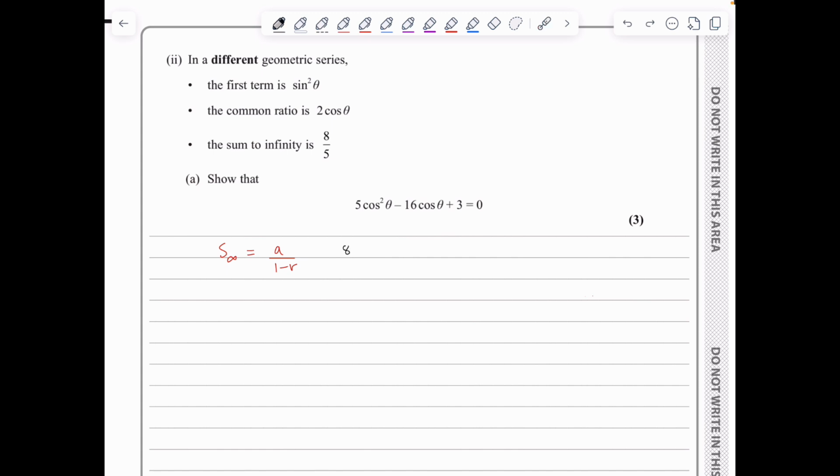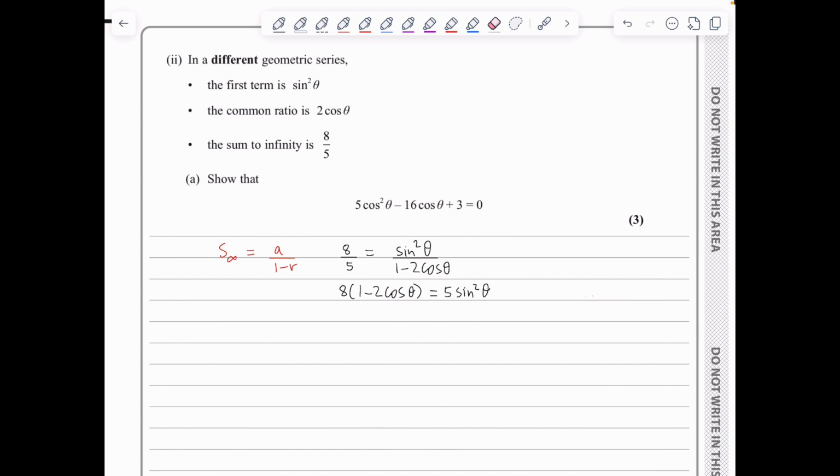So we're looking at 8 over 5, the sum to infinity given by the question, is equal to a, which is sine squared theta, over 1 minus the common ratio, so 1 minus 2 cos theta. So I could cross multiply to get 8(1 minus 2 cos theta) is equal to 5 sine squared theta.